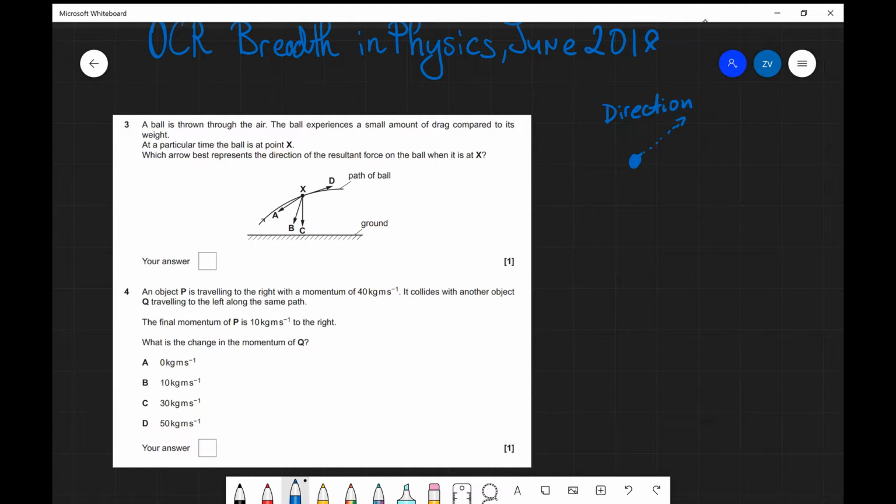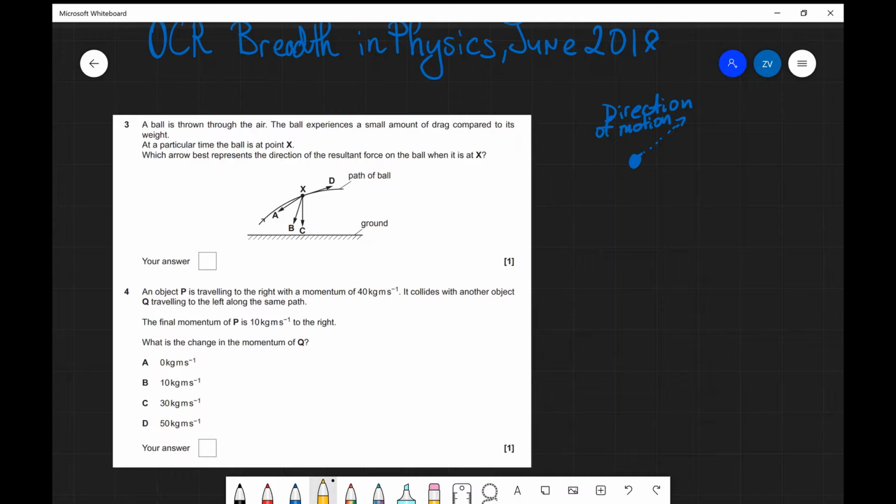Now a common misconception here is that sometimes there always is a force pulling in the direction of motion, but that's not the case. In fact, there's a force in the opposite direction because this is the point at which drag is acting.